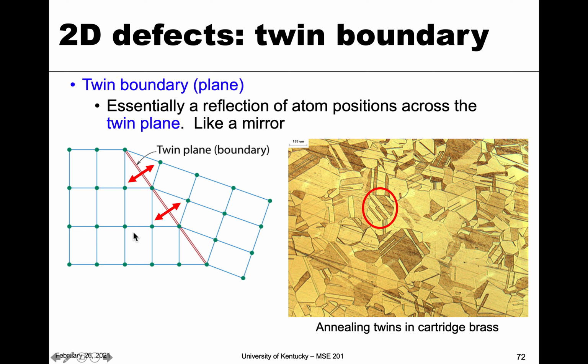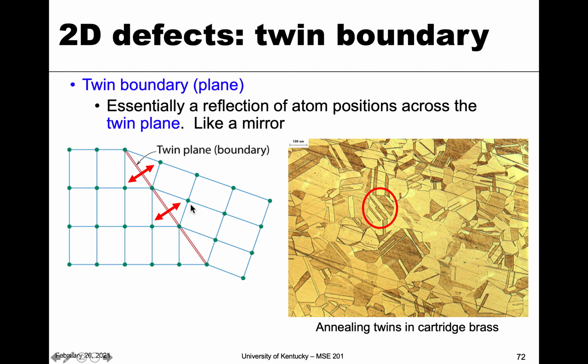On the left side we have a crystal, and then something happens during the solidification process, or some other type of process, in which we actually have a reflection. This other part is reflected, so the position here is basically reflected onto here like a mirror.